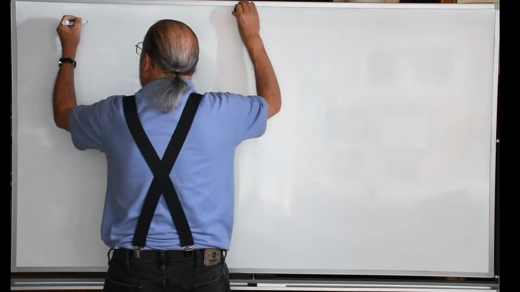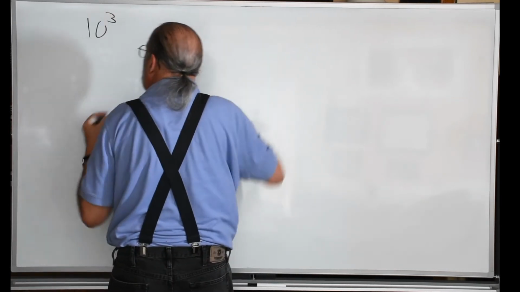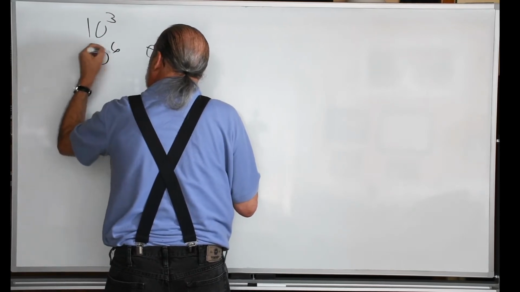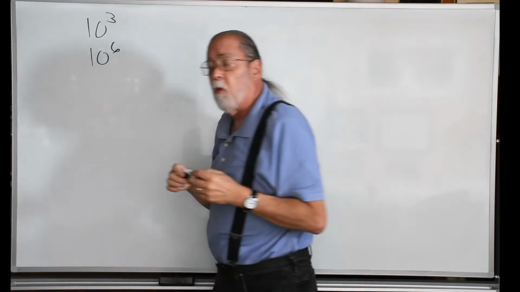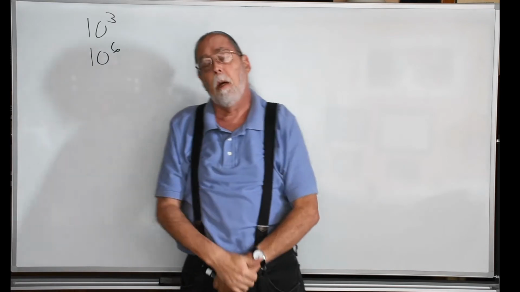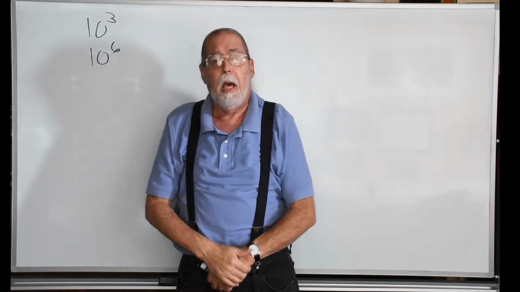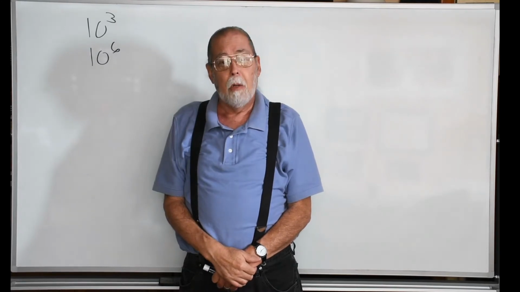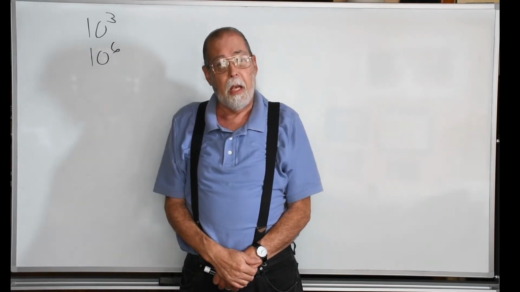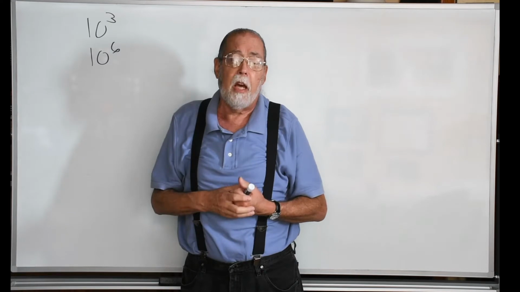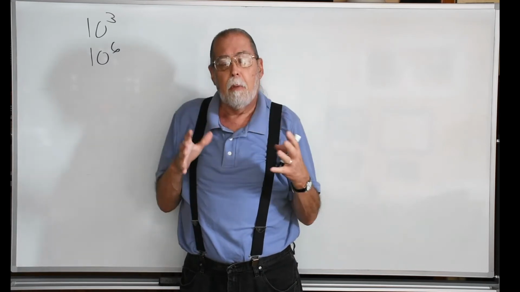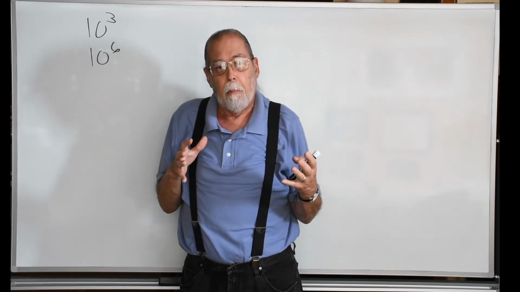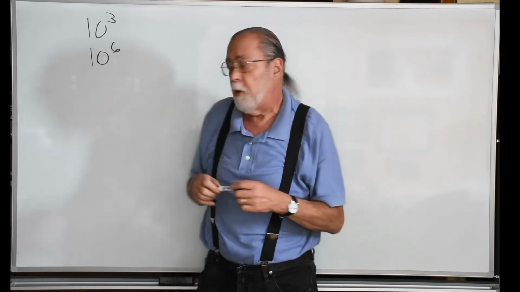So for instance, 10 cubed is equal to 1,000, 10 to the 6th is a million, and so forth. We can write any number as a number between 1 and 10 multiplying a power of 10. Now, strictly speaking, you don't have to write the number between 1 and 10. But that is what is called standard notation.